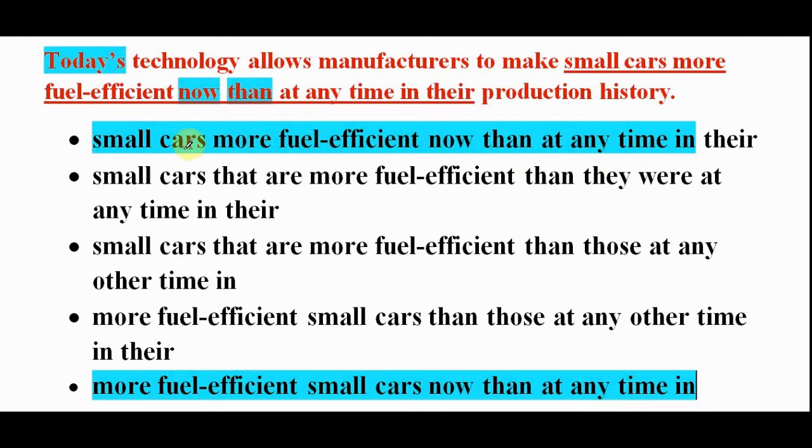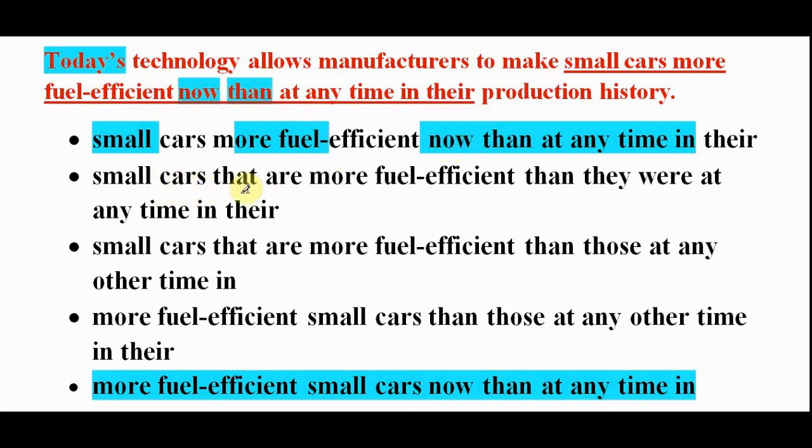So it is about cars manufacturing, not about fuel efficiency in present and fuel efficiency in past. But the whole passage is talking about fuel efficiency in present and in past. So this is a meaning based option. By the way, there is always a shortcut and you have to adopt it. So today's and now, redundant, option A out.